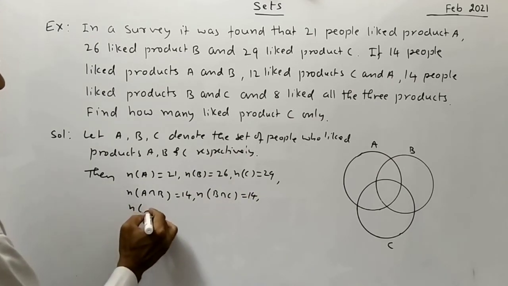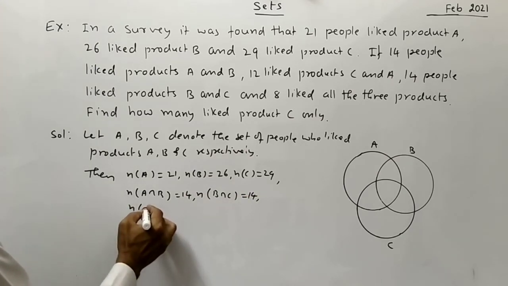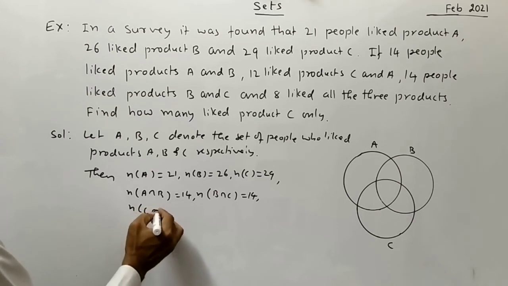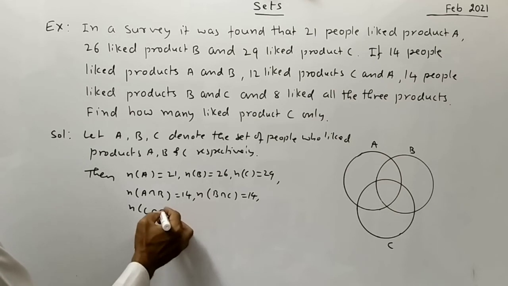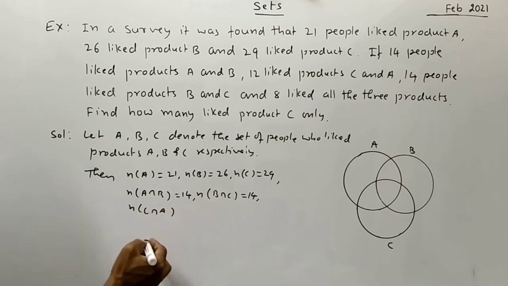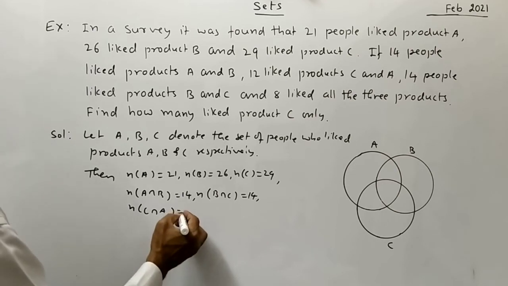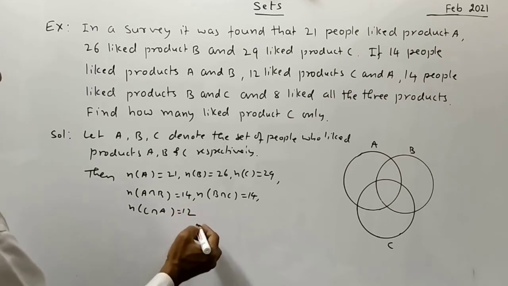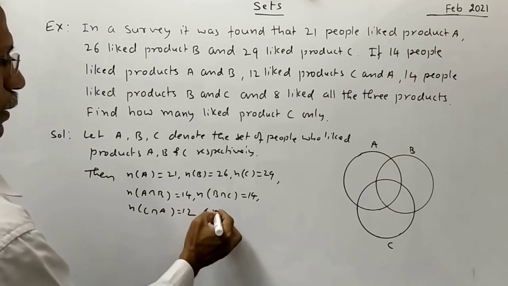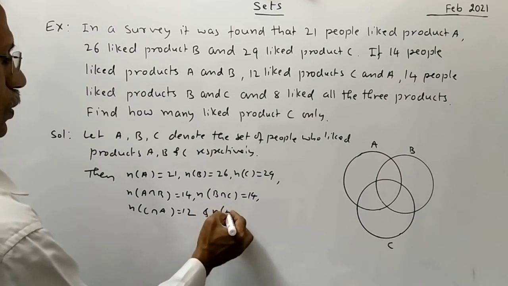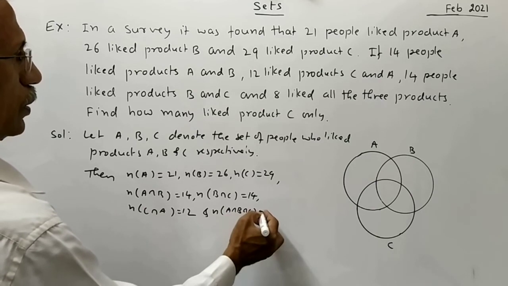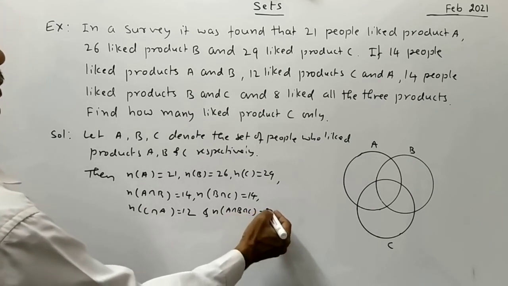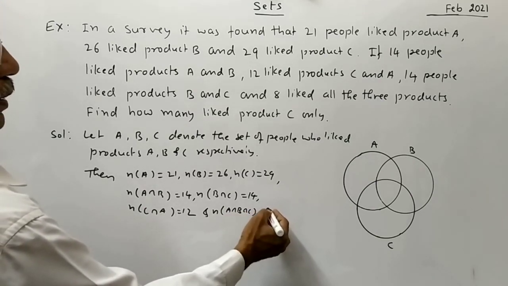Number of elements of C intersection A is equal to 12, and number of elements of A intersection B intersection C is equal to 8.